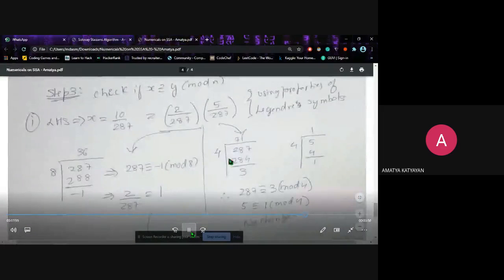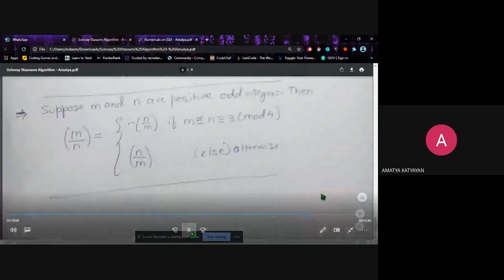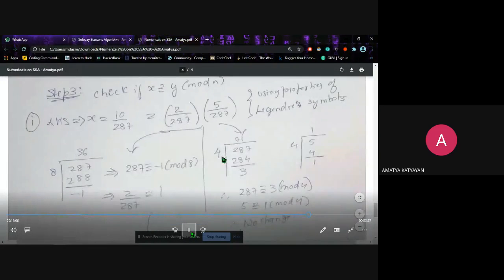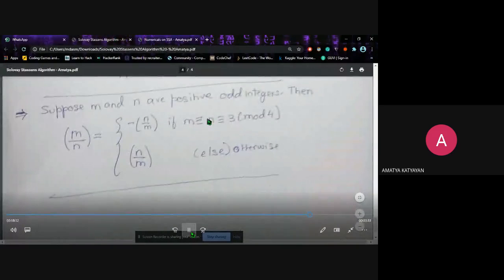Both 5 and 287 are positive odd. In this case, what we do is we take mod with 4, that is n divided by 4, we check the remainder, whether it is 3 or not. So we are dividing 287 by 4. Both the numbers 5 and 287, you have to divide by 4 and check. For both, you should get remainder as 3.